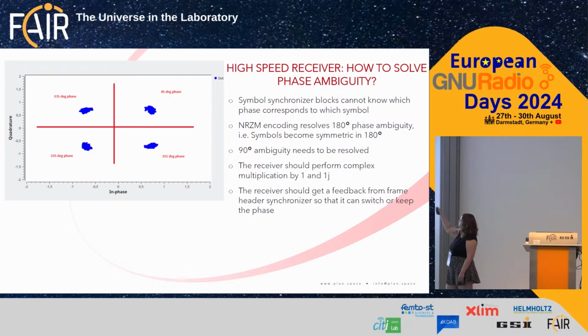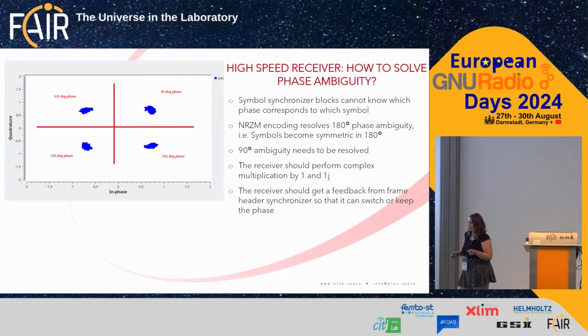If you imagine, it can start at 45 degrees and it looks like this. It can start at 135 degrees, so it will be shifted 90 degrees. Another shift, another shift. So I have 4 different possibilities for where my symbols should be located.